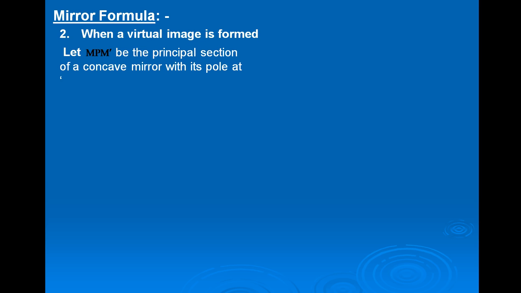Mirror formula when a virtual image is formed. Let MPM dash be the principal section of a concave mirror with its pole at P and center of curvature at C. This is the principal section of concave mirror MPM dash.